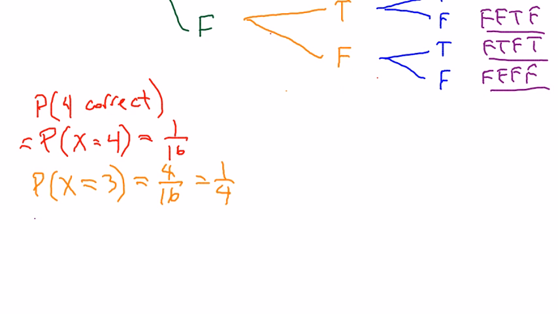So I'm going to write the probability that x is less than 2, and there's 5 out of 16, and that seems like a pretty good answer to this question.